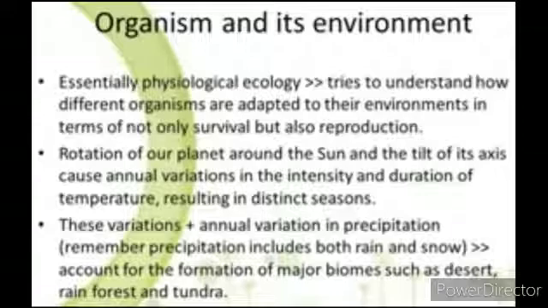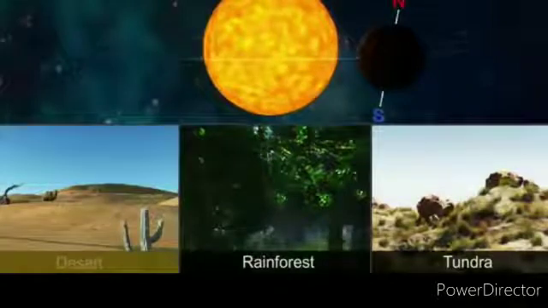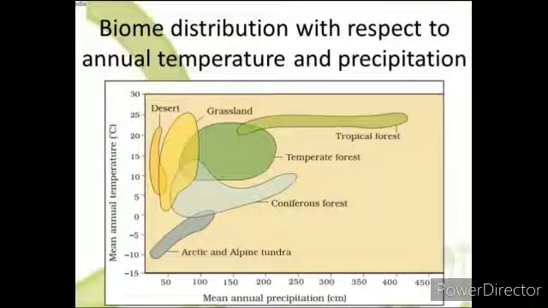These variations, together with annual variation in precipitation, which includes rain and snow, account for the formation of major biomes such as desert, rainforest and tundra. Now, for biome distribution with respect to annual temperature and precipitation, you can watch the picture.